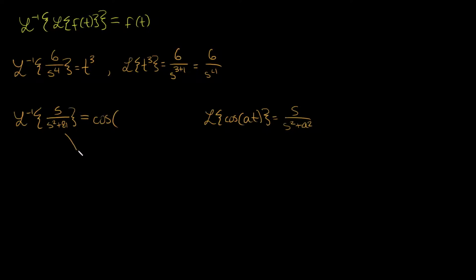So if this 81 has to be a squared, then a has to be the square root of 81, so 9 times t. And indeed, this is actually it, because the Laplace transform of the cosine of 9t is just going to be s over s squared plus 9 squared, which is 81. So whenever you take an inverse Laplace transform, you're just trying to find the function whose Laplace transform is the input to the inverse, just like for any inverse function.